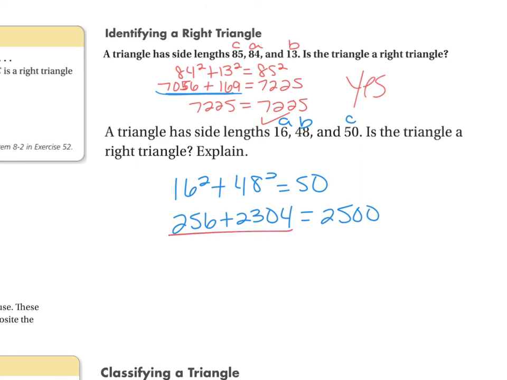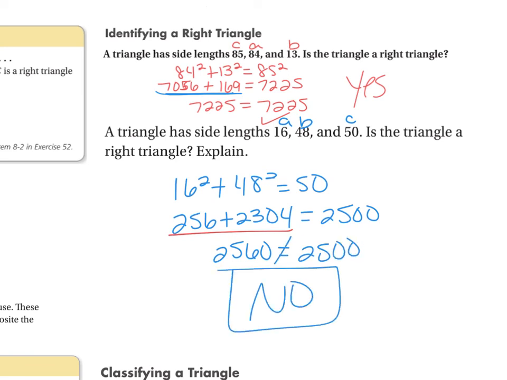Then you go ahead and add on the left. That would give me 2,560. It looks like it's close, but they are not equal. So this would be a no. They are not a right triangle.